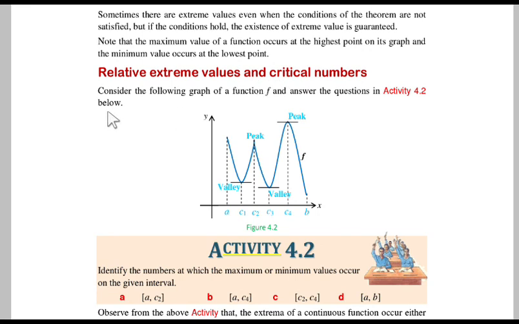Consider the following graph of a function f and the answer equation in activity 4.2, as given below. Let me try to look in detail.